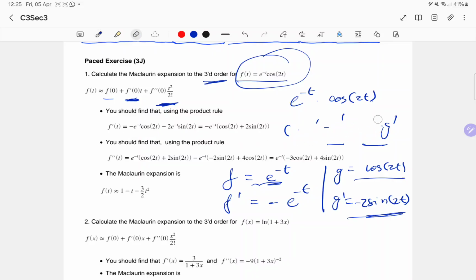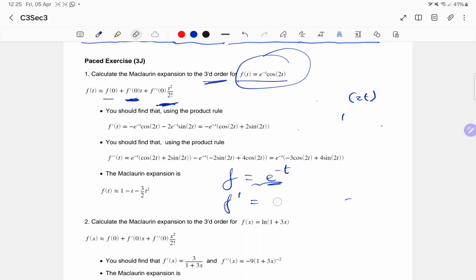Yeah, so you fully simplify and you get this. So actually, yeah, you can factor out e to the power minus t.